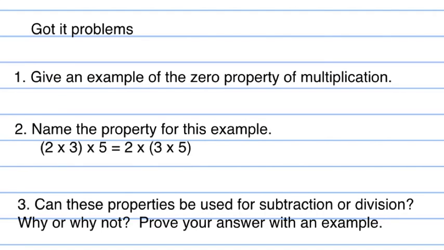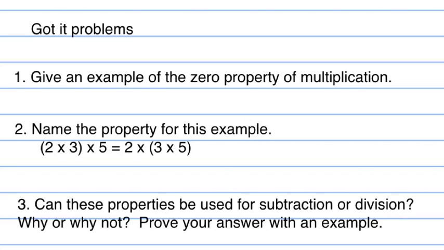Okay, here are your got it problems. The first got it problem, I want you to give an example of the zero property of multiplication. So just write out an example of that. The second got it problem is I want you to tell me what property of multiplication this example represents. And the third one is you need to do a little thinking. I want to know, can I use these properties of addition and multiplication with subtraction or division?